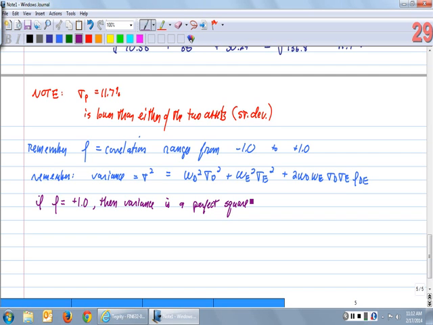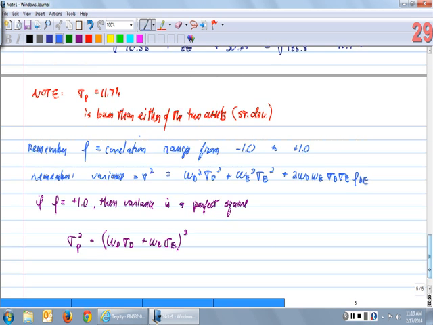In other words, the variance of our portfolio is a perfect square: WD sigma D plus WE sigma E, squared. Just as a quick proof, you ought to convince yourself of that. So let's knock it out here real quick.